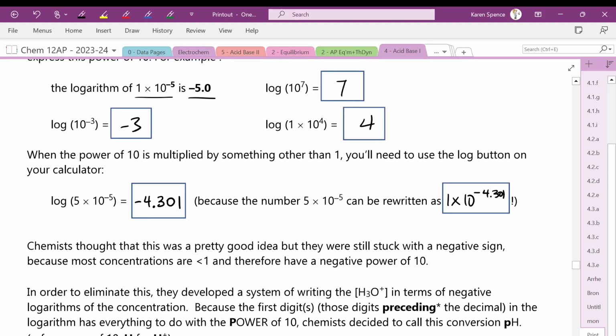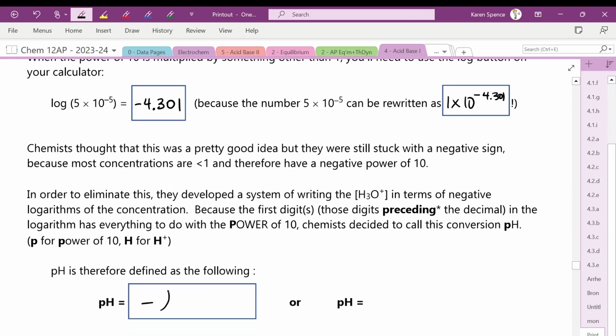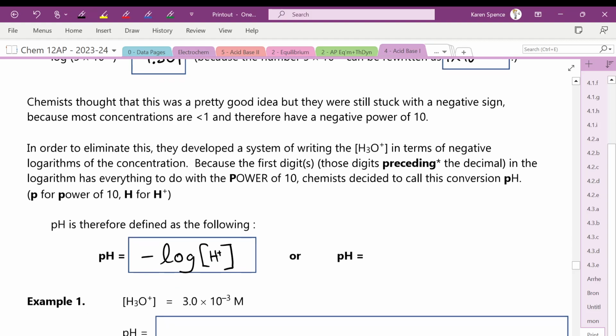Now, chemists thought this was a pretty good idea, but they don't like having those negative signs. So they said pH is going to be the negative of the log of hydrogen. Or, what's another way we could write that? Yeah. pH is equal to the negative of the log of H. What's the other way to write hydrogen ion?